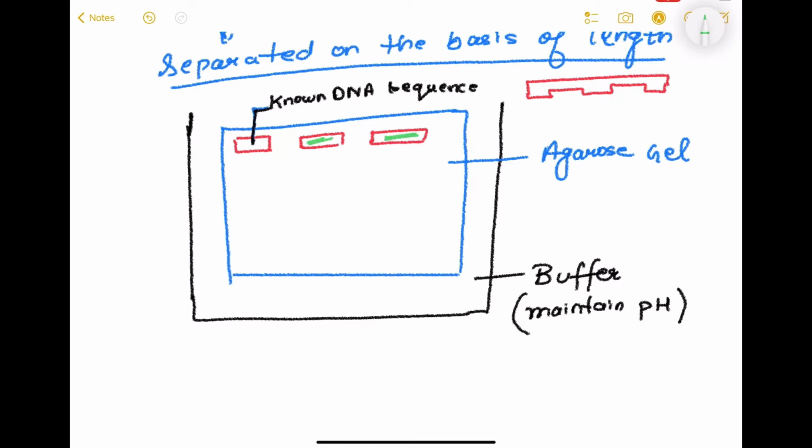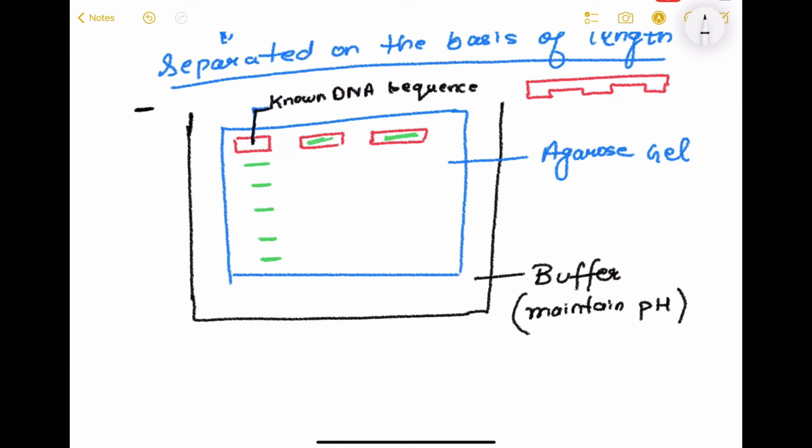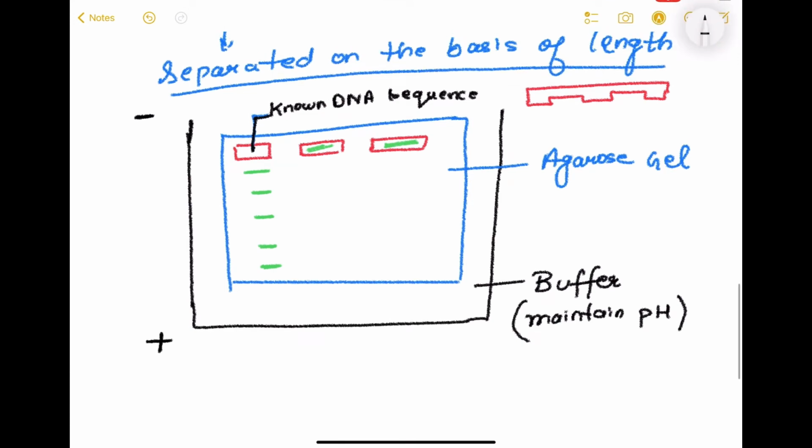This is the known sequence, the sequence which we actually know. This is our negative terminal, and this is the positive terminal. As we all know that DNA is negatively charged, it will migrate from the negative to the positive end, from cathode to anode.